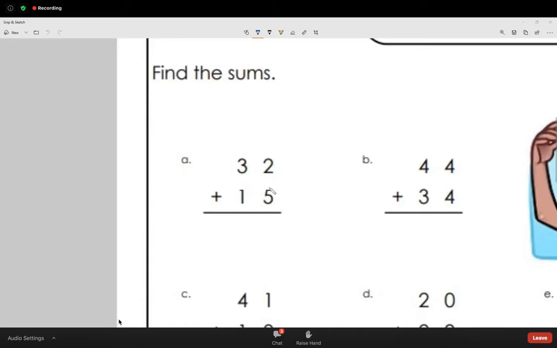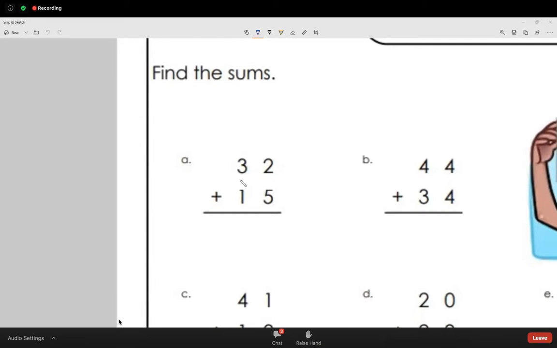But what numbers are we adding here? What are the 2 numbers that we're adding? 3 and 2. So you're adding 32. That's the number on top. And then what's the second number? 1 and 5. So what number is it when you have 1 and 5 right next to each other? 15.